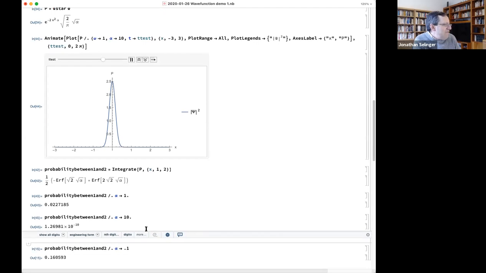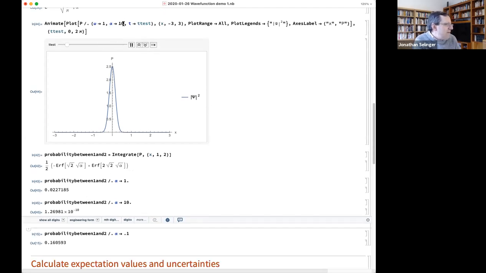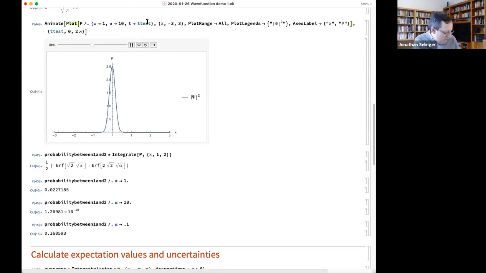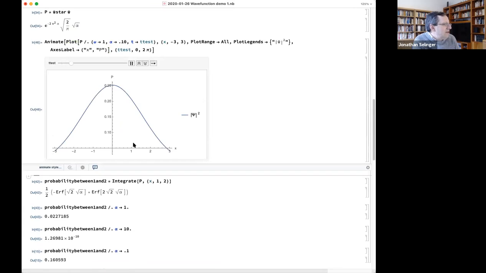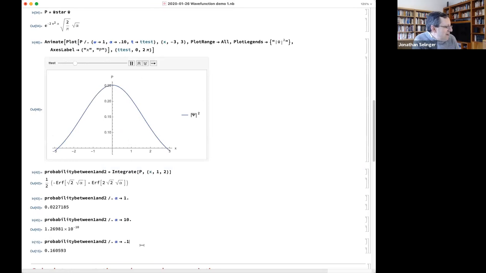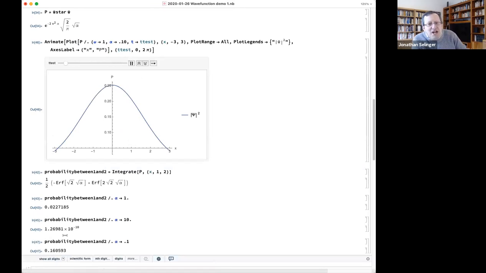If alpha is a number like 0.1, there's actually quite a big probability that the particle is between 1 and 2. Mathematica calculates that as a 16% probability.